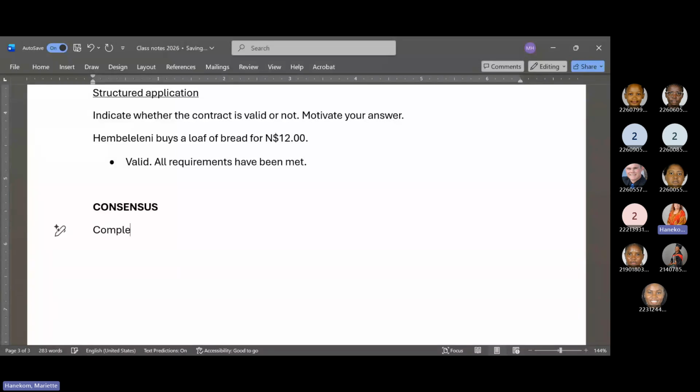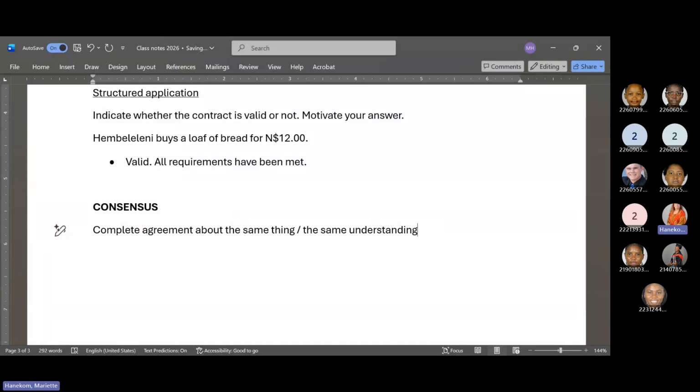Consensus is a complete agreement about the same thing, the same understanding.